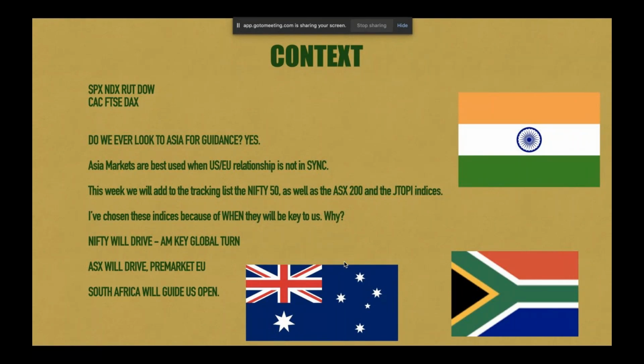The Nifty will drive us. They handle our key time, that 5:30 key time. ASX, that's pre-market for EU. And South Africa, that's the US Open. That's something we're going to jump into a little later this week, guys.